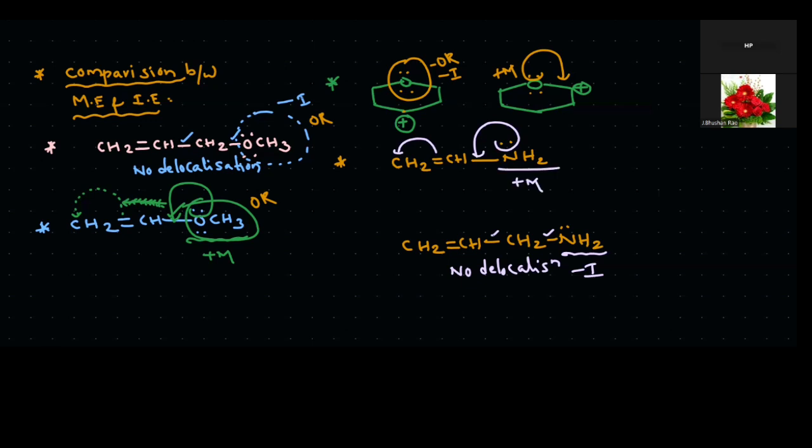So what are the groups present in this majorly? I will give the example here. OH, OR, NH2, NHR, NR2.